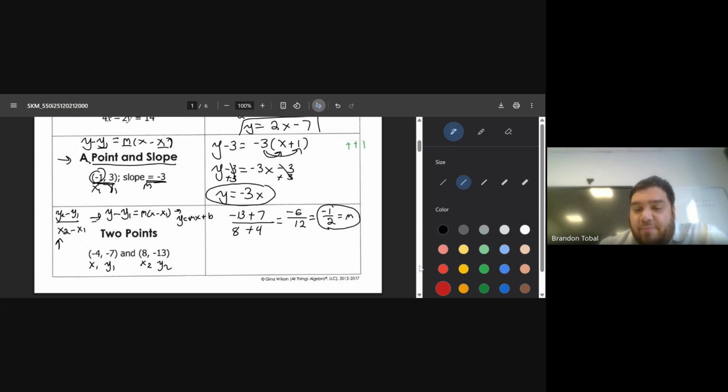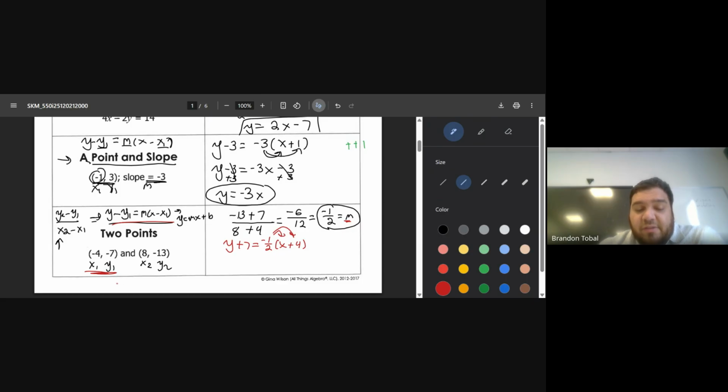Now that I have an m and I have a coordinate point, I can use that to do the math for the next section. So I'm going to plug it into this guy. So it's going to be y plus 7 equals negative 1 over 2 times x plus 4. Notice it looks the same as this. Then I'm going to have to distribute negative a half.